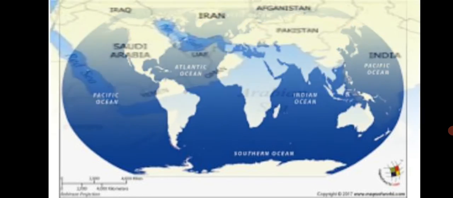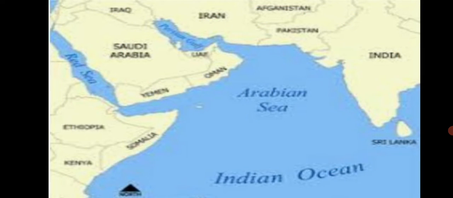The land along the margins of an ocean is called a coastal region. You have studied about the coastal regions of India, the western coast and the eastern coast. So, land along the margins of an ocean is called the coastal region. Water bodies of different shapes and sizes are formed along the coast.